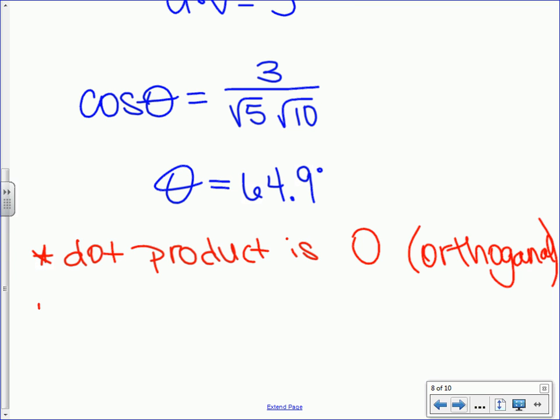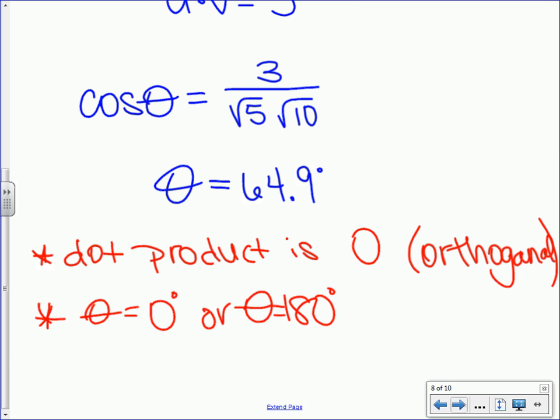Okay? What if theta is 0 degrees or 180 degrees? What does that mean? Well, they're not the same line, but they're going in the same direction, or they are parallel. 0 degrees means they would go the same direction. 180 means they're in opposite directions, but either way, they would be parallel vectors.